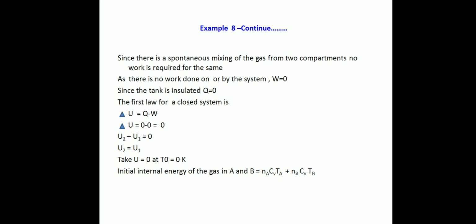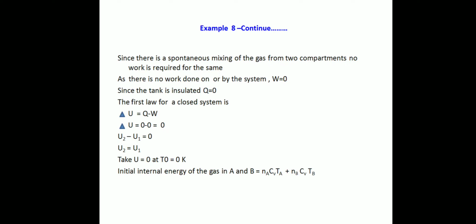So how to do that? We know that volume is fixed, so work done is 0, because W is nothing but pressure into delta V. As volume is fixed, there is no change in volume, so delta V is 0. It means W is also 0.